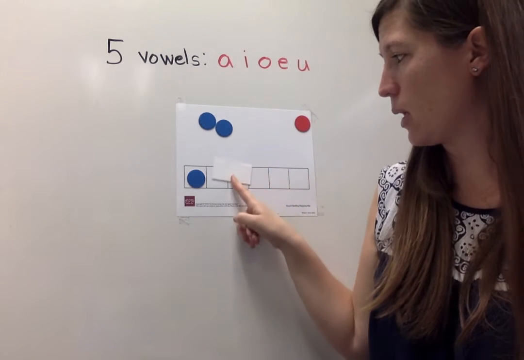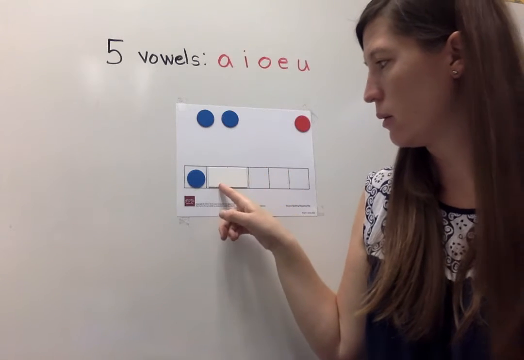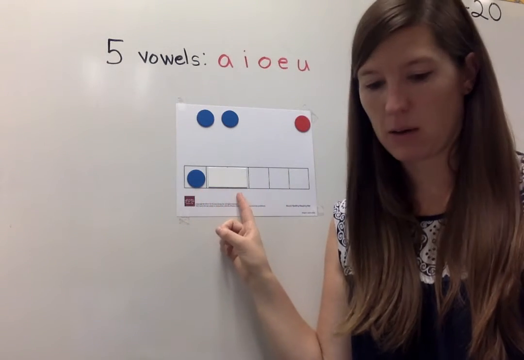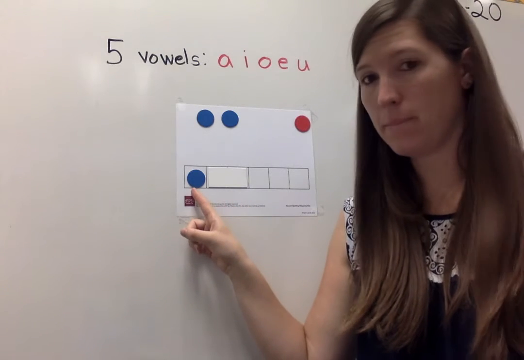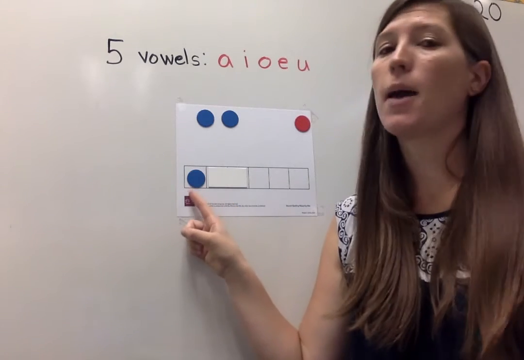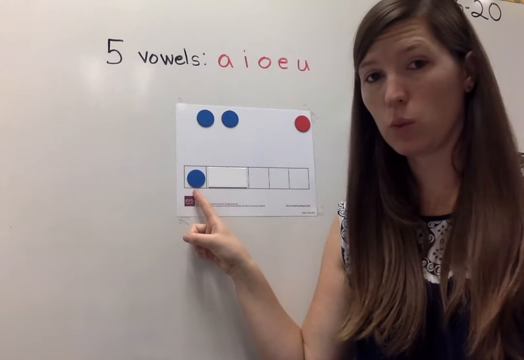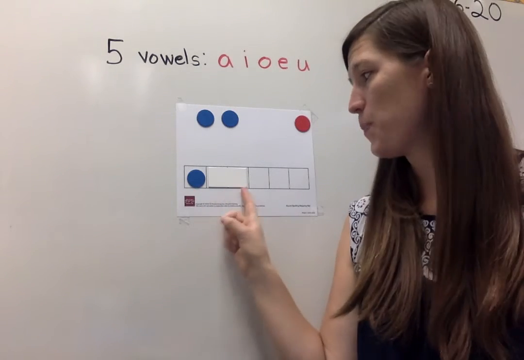Which chip will I use for phonogram an? The white one. An. I think I just said am a minute ago. An. Man. I'll touch the chips and I'll say the word. The sounds are M, an. What's our word? Man. What colored chips did I use? Blue and white. What's the phonogram?